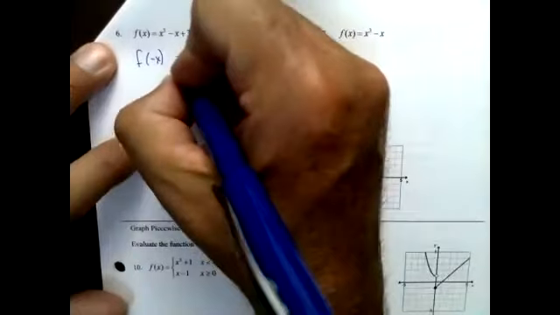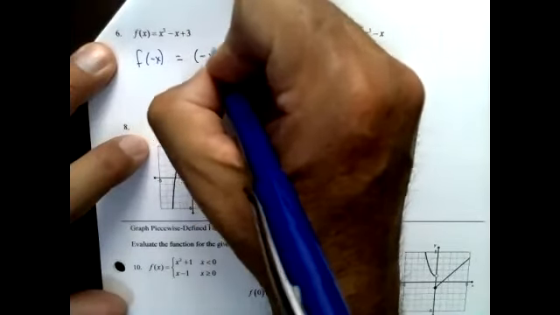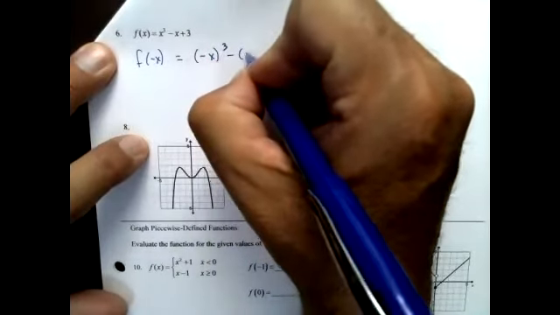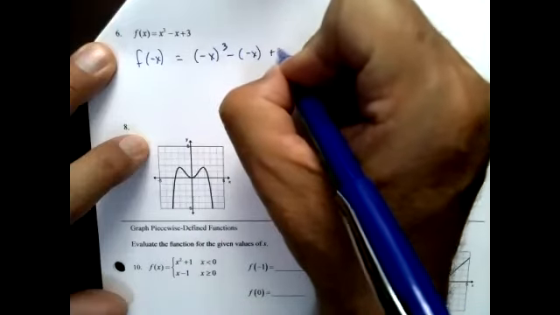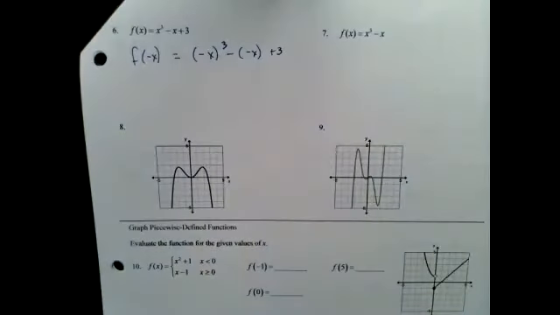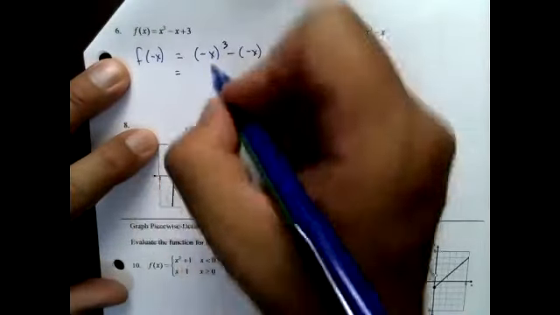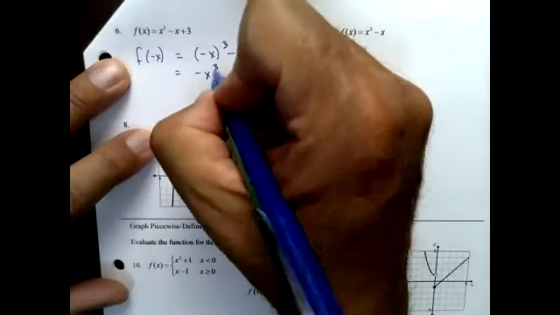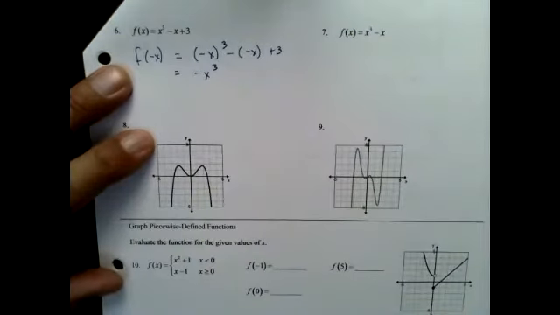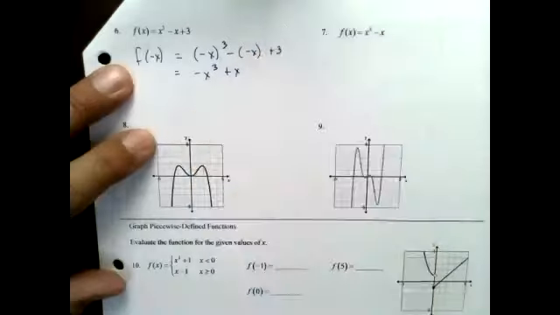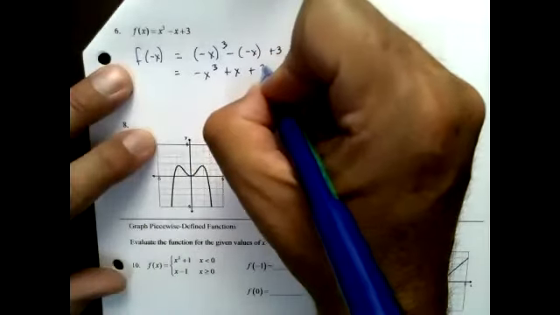So let's see, I'm going to have negative x cubed minus negative x plus 3. That's going to equal negative x times negative x times negative x, which will give me negative x cubed. This gives me plus x. This gives me plus 3.